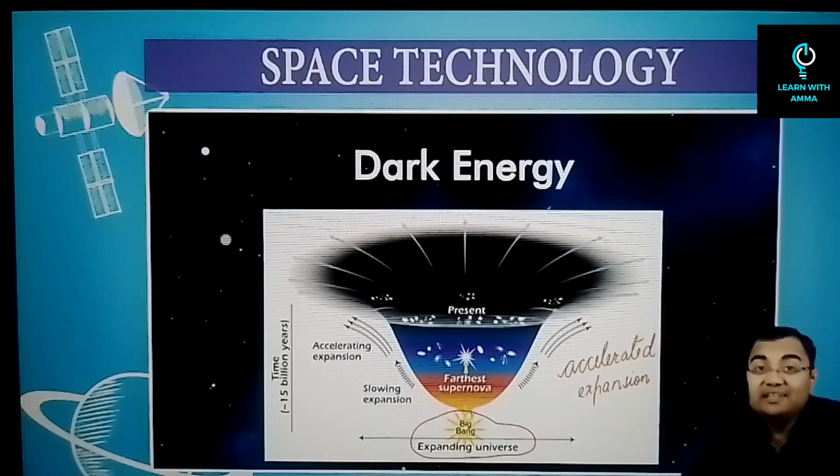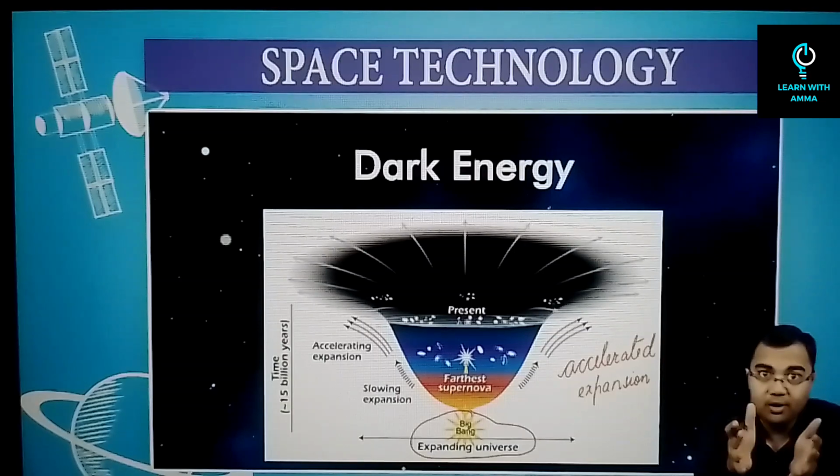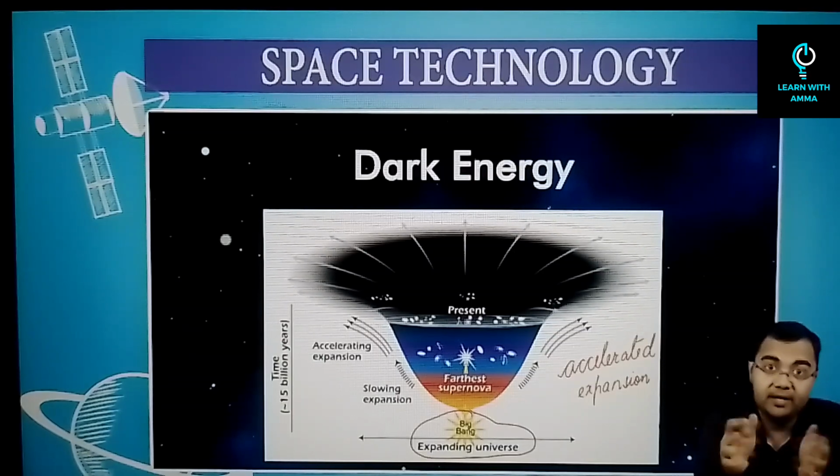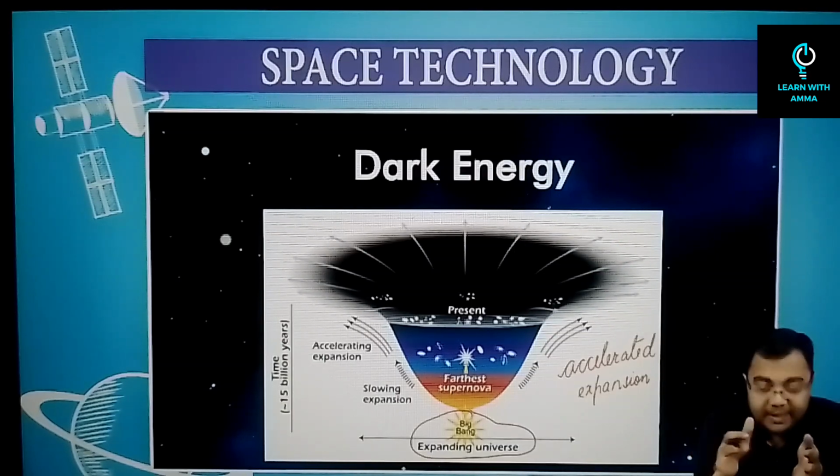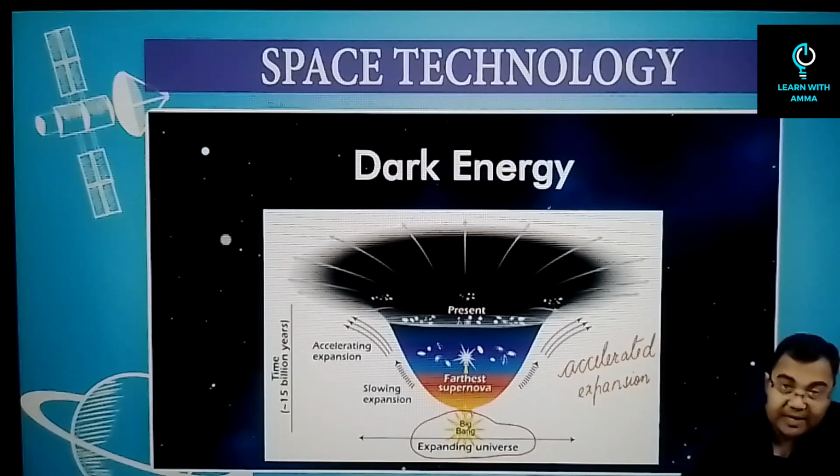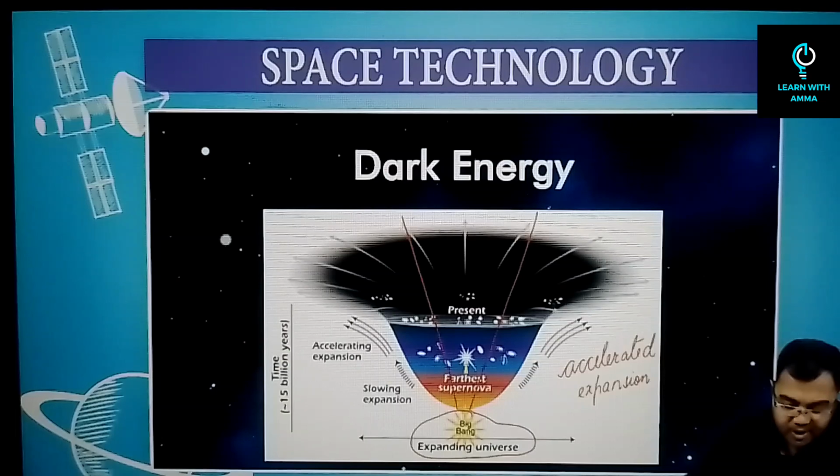What is the meaning of accelerated expansion? It means that the expansion of the universe is accelerating. It is not uniform, it is not linear, it is expanding, and while the expansion is happening, it is accelerating. So let's say if it was not an accelerated expansion, then either you would see expansion happening like this, or maybe if it was uniform, linear, then you might have seen something like this.